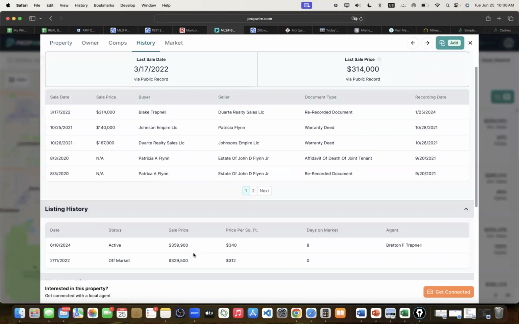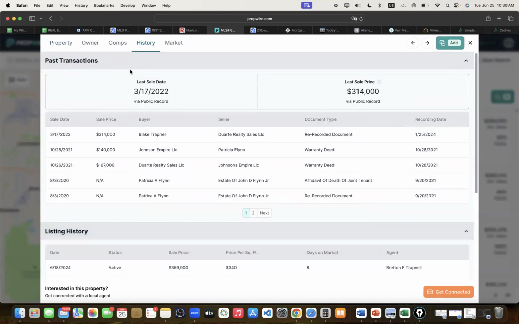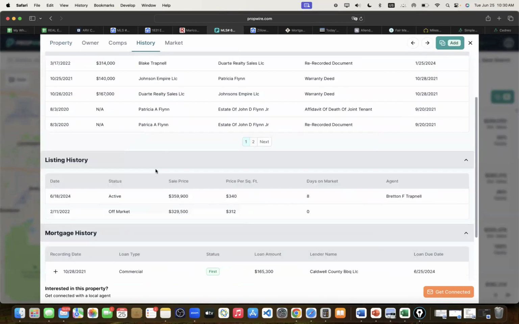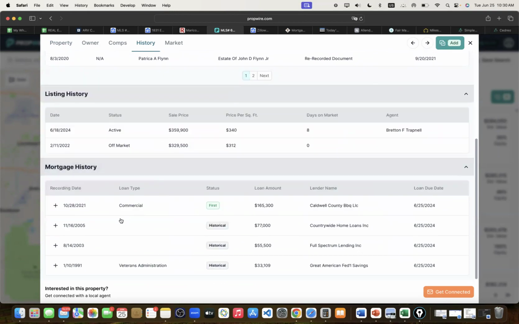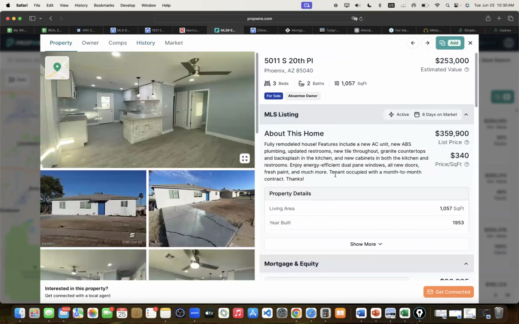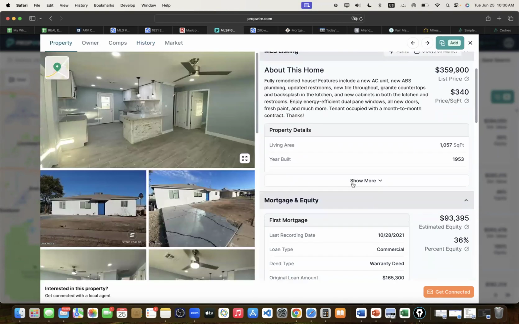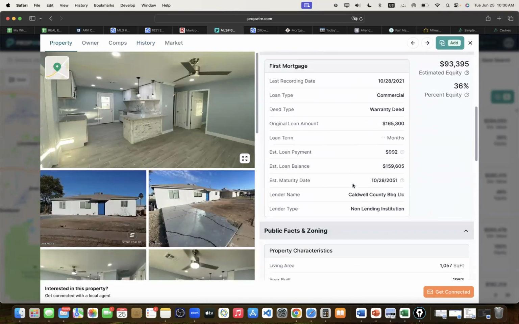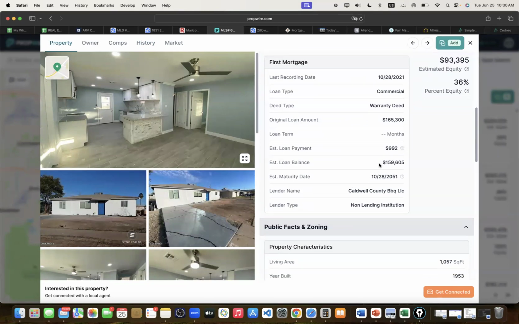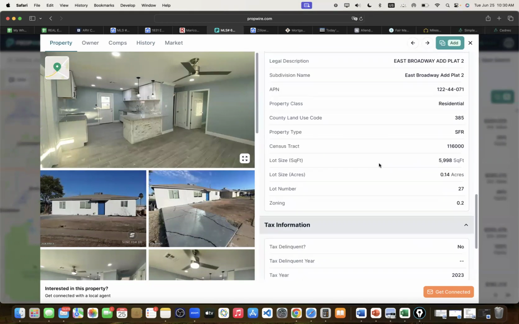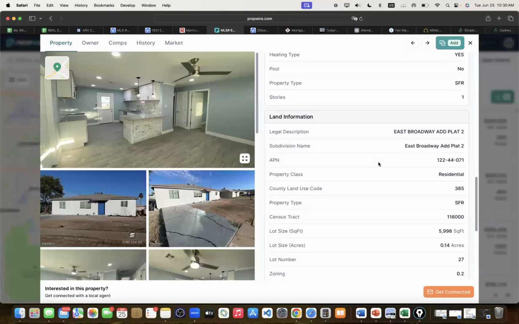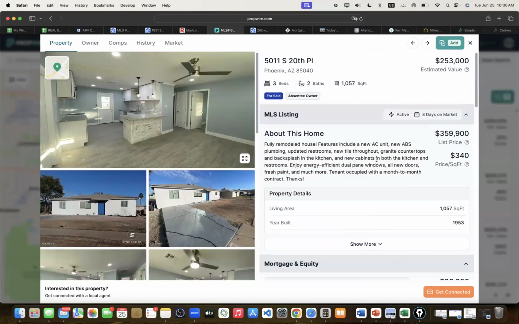Listing history. Okay, mortgage history: one. That is so weird. Why is there only 36% equity on it, but such a small loan? That makes truly no sense whatsoever.